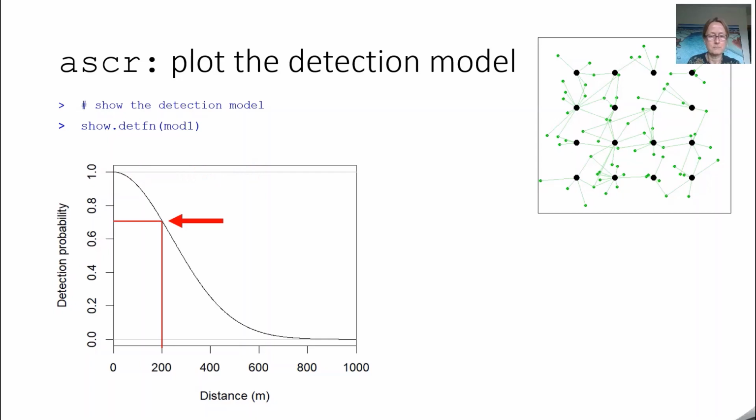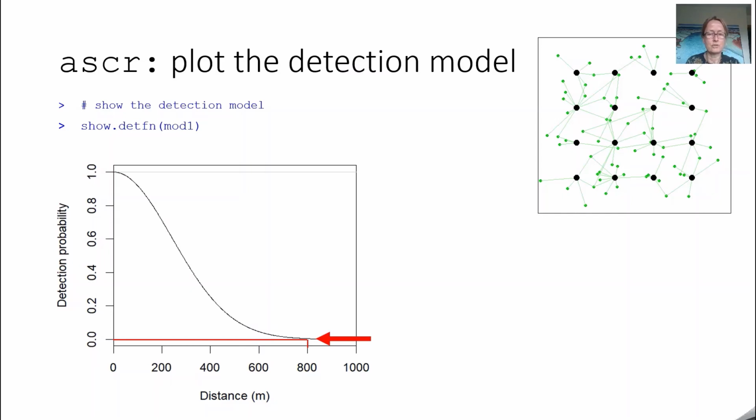Here it was at about 0.7, which means at 200 meters my probability of detecting an animal was about 70%, and I would have missed 30% of all the animals at 200 meters. I can do the same for 500 meters and see what my model estimated at that distance, and here it was about 12%. And at 800 meters, I already did not detect any animals at all anymore.